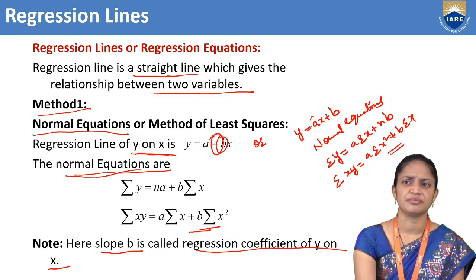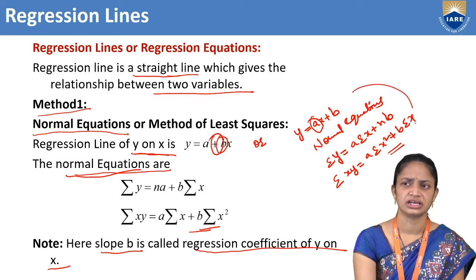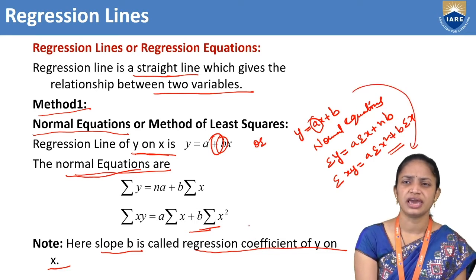Here also the slope, which is a in this case, is called the regression coefficient of y on x.